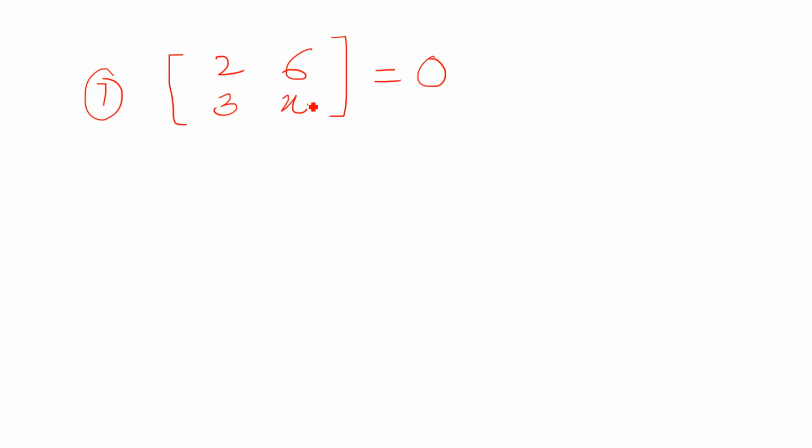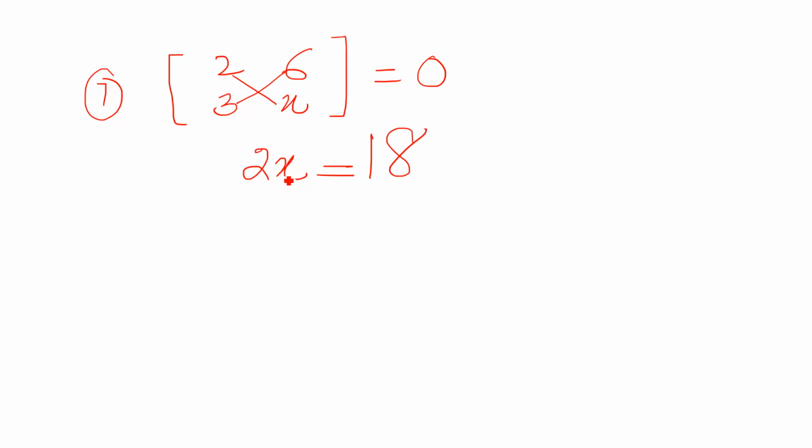right? Now is the seventh. It says in seventh, 2, 6, 3 and x is equal to 0. You have to find out the value of x, this 2x. So see how you will find out. Just multiply these two, 2x, and then this one. So minus 18, or maybe if I do it directly, it is equal to 6 times 3, 18. We want the value of x, right?